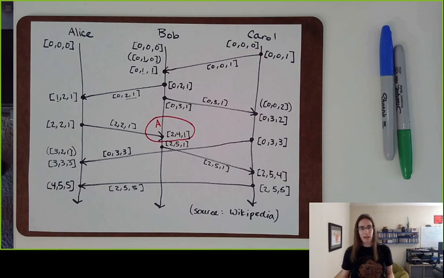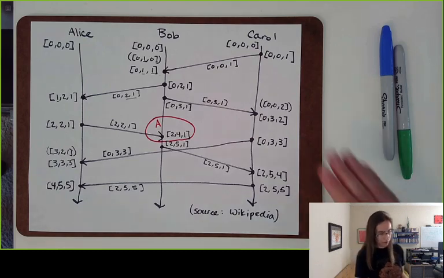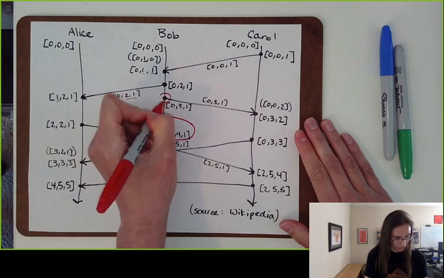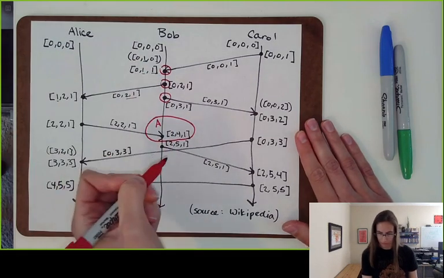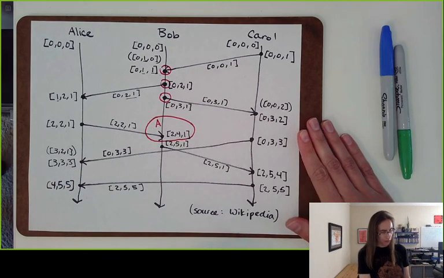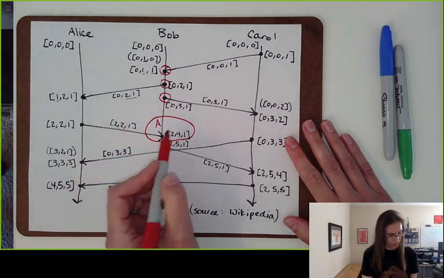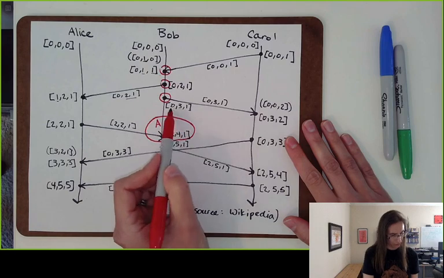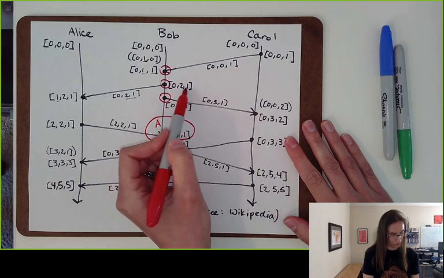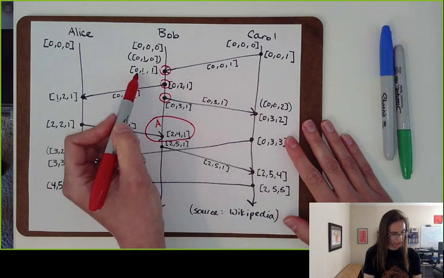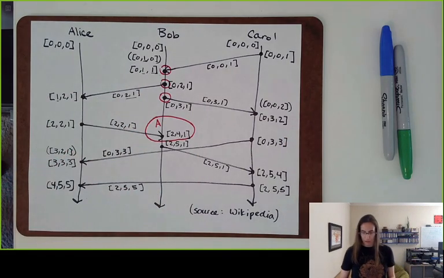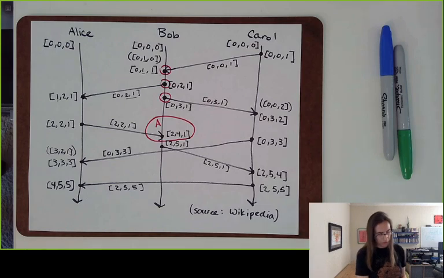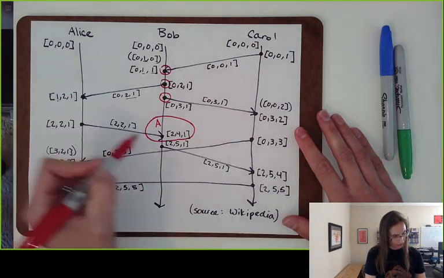Well, we know from the happens before relation that everything that occurs before it on its own process line happened before A. So look at what the clocks of those events are. This event had a clock of 031, and this one had a clock of 021, and this one had a clock of 011. Well, what else? There's these events over here on Alice.